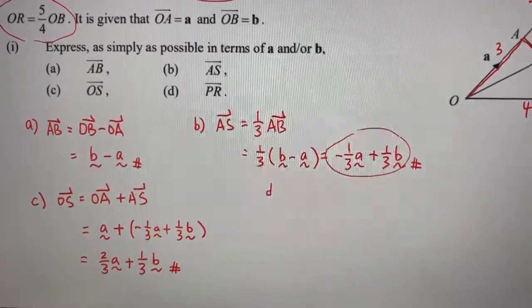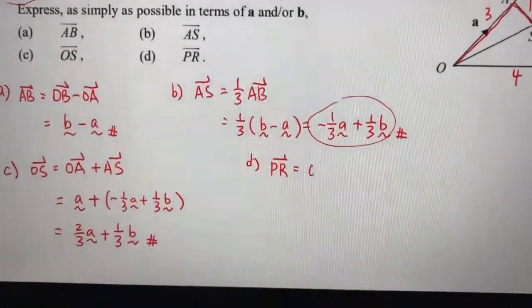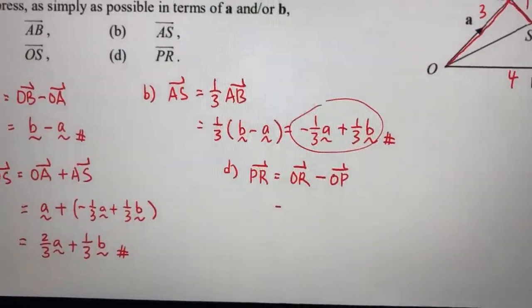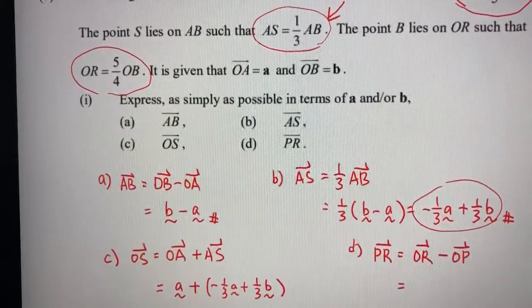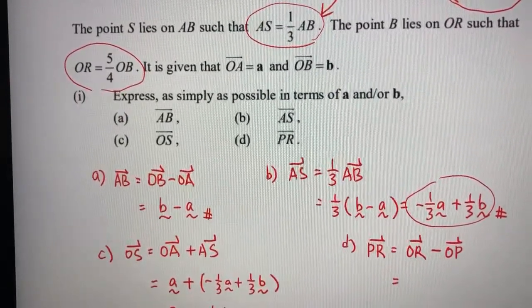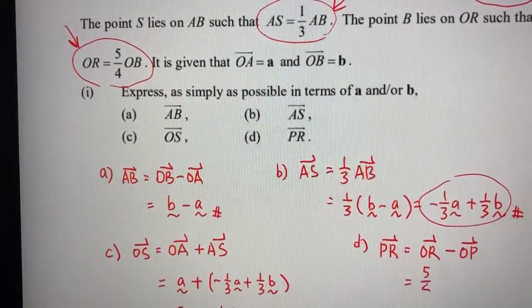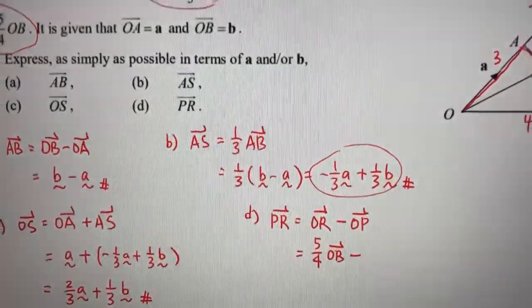Last but not least, for the vector PR, again, we adopt a similar approach, rewriting PR to be OR minus OP. And from the question, we realize that OR has some relationship with the length OB. So we can then proceed by expressing OR to be 5/4 times OB.